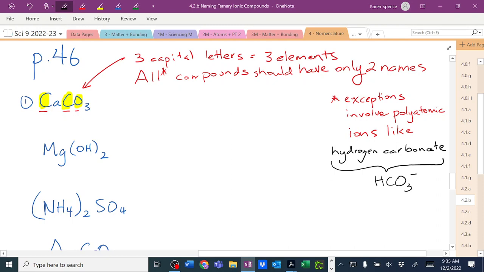So anytime you have 3 names for a compound, that is going to involve a hydrogen. Okay, and it will be one of the ones that just has the name hydrogen.